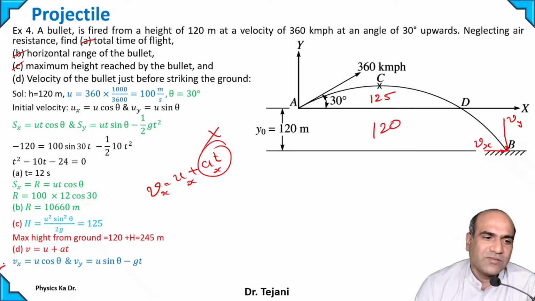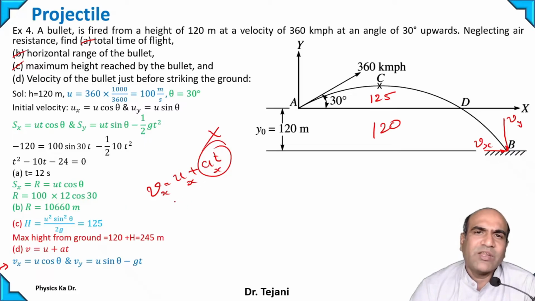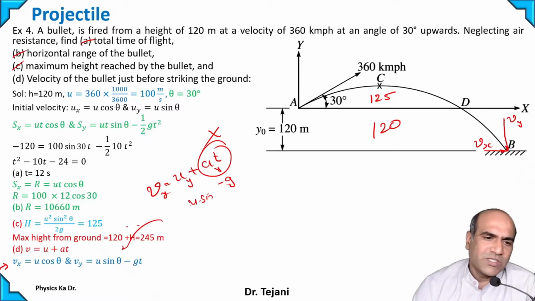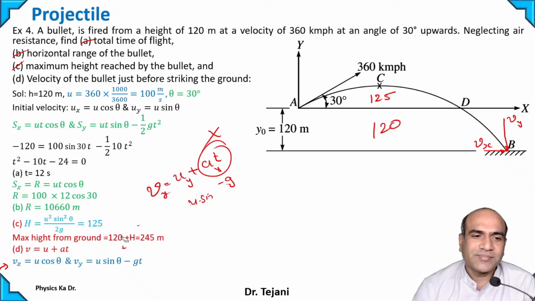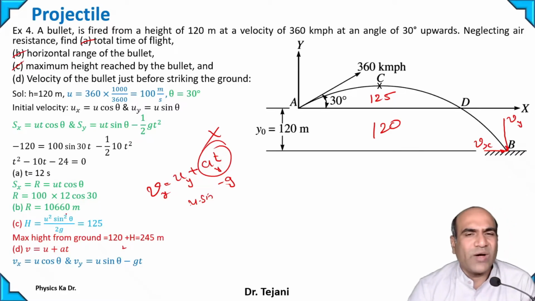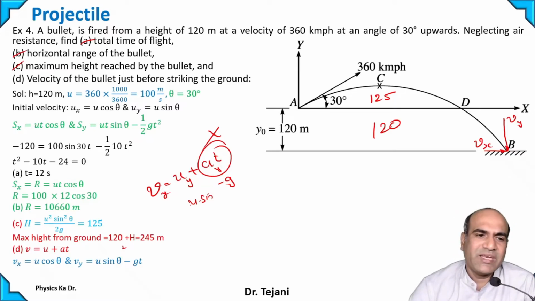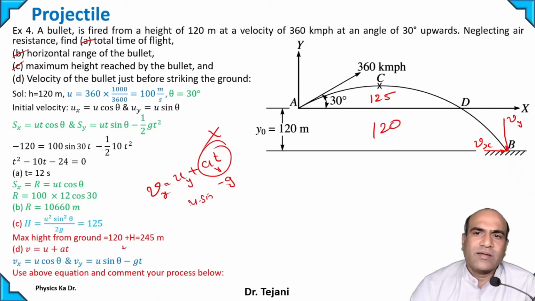So this is the first equation. Similarly, for y, ay becomes minus g and uy becomes u sine theta. So we have another equation: Vy is equal to u sine theta minus gt. We need here ux and uy. We know that ux remains constant, right?